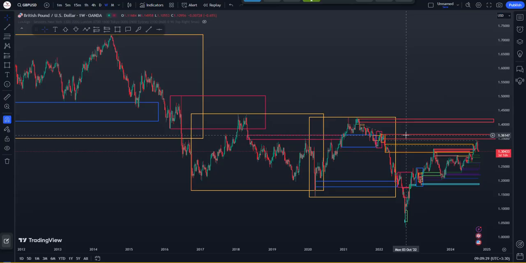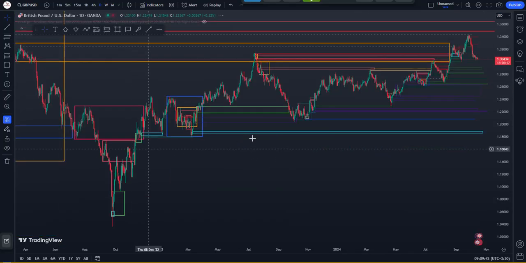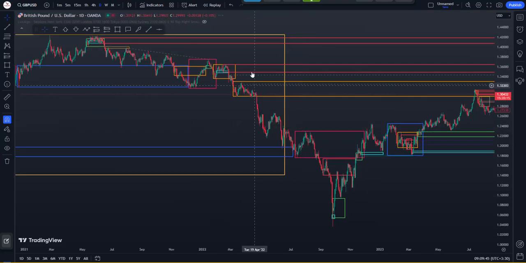So the next interesting area for short is here, actually the largest area, but I put some lines here, you can see that. This line I put here.